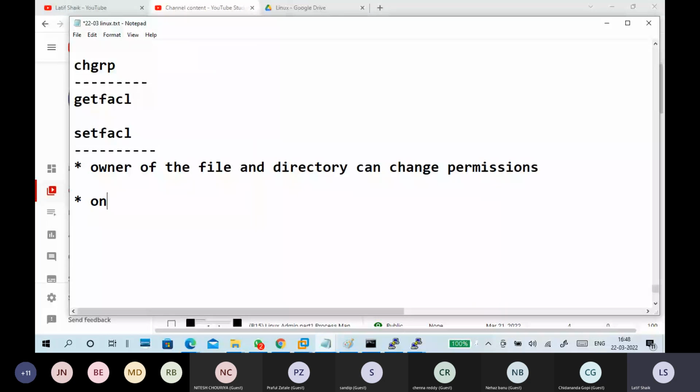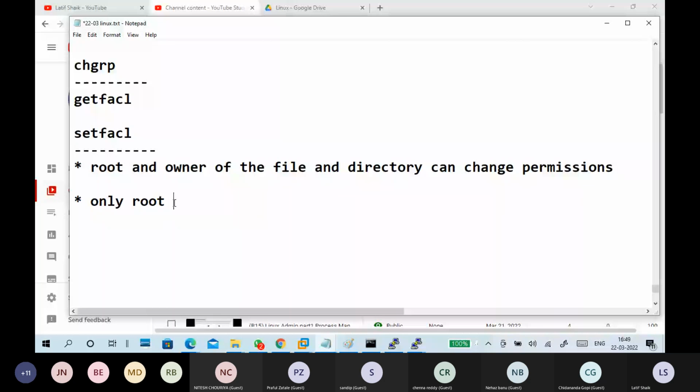Only root and the owner of the file can change them. This is better. Other owners cannot change. Only root can change.